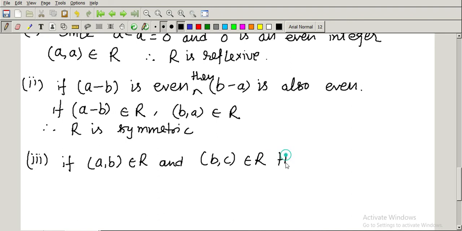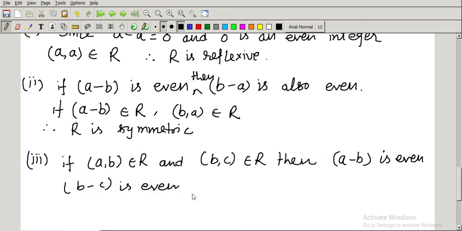Then we can say A minus B is even, B minus C is even, because the relation is A minus B. So A minus B का मतलब होता है कि A और B कोई भी एलिमेंट हो सकते हैं। यहाँ पे आप कोई भी नाम बोल लो, B, C, X, Y कोई भी नाम। So A minus B is even, B minus C is even, then it implies that A minus C is even, right?